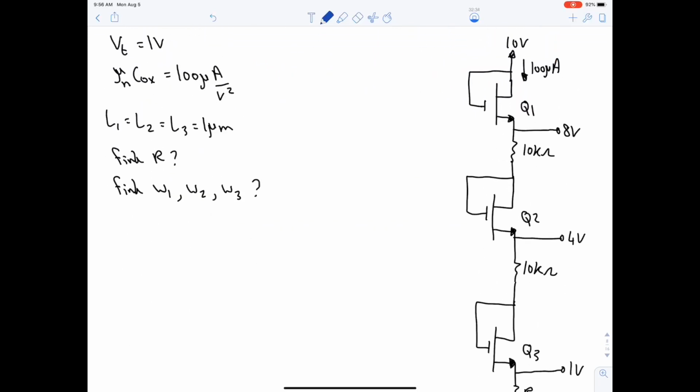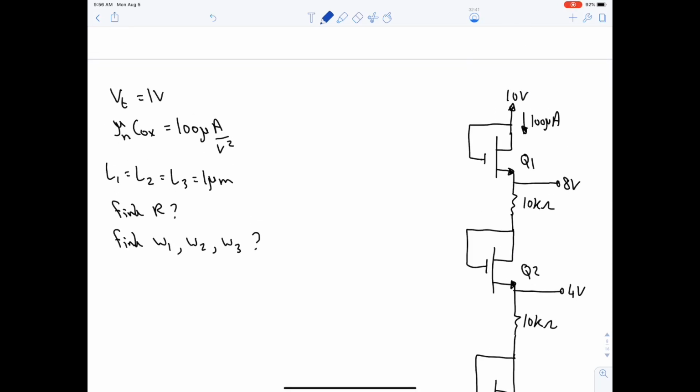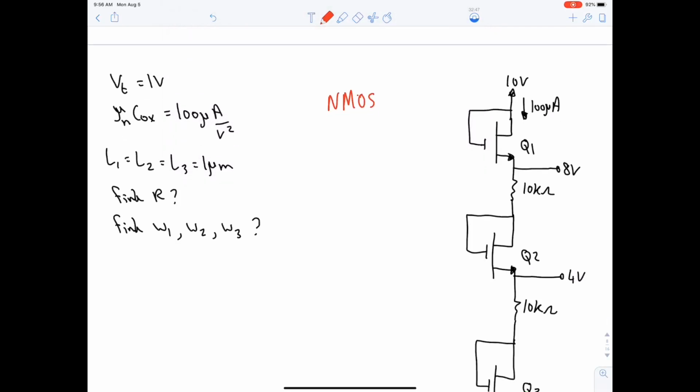Next. Again, more than one MOSFET, so the first thing is to label them. All of them are NMOS. Now if you notice here, there's a resistance in the middle. It won't complicate things. It's still easy. I will show you how to solve it.